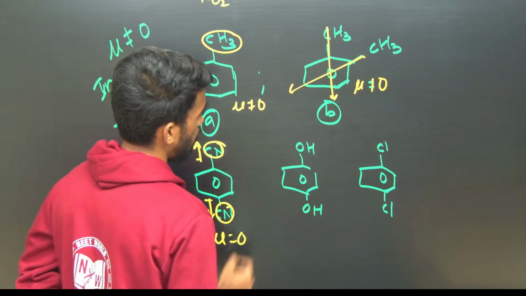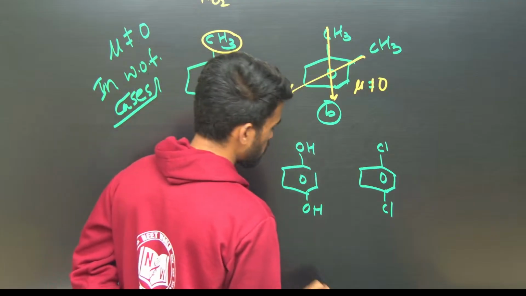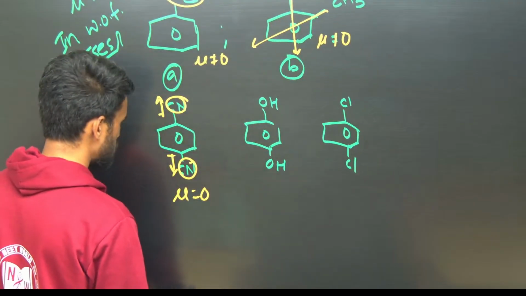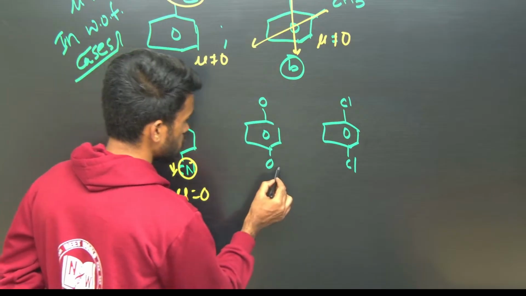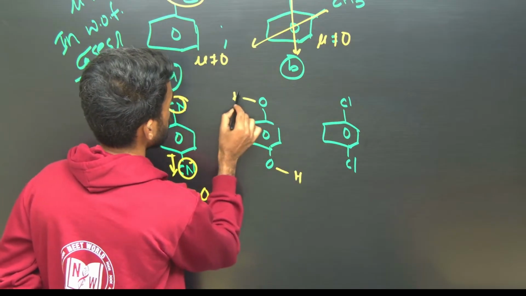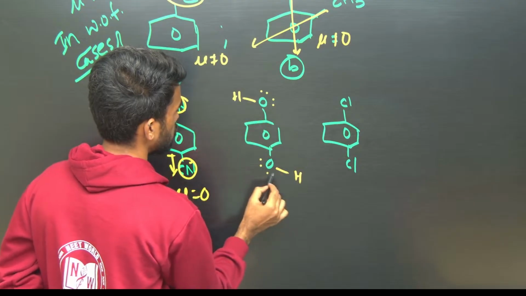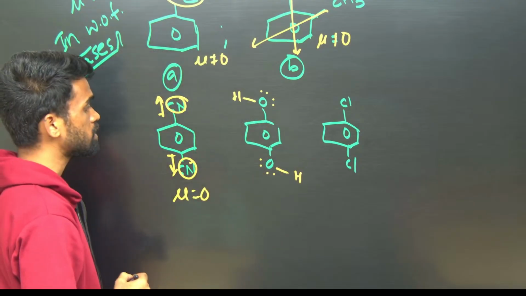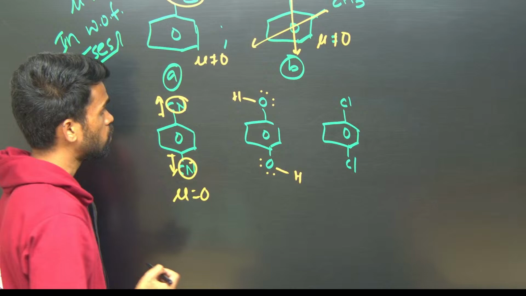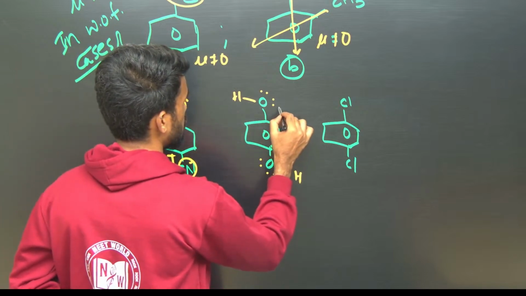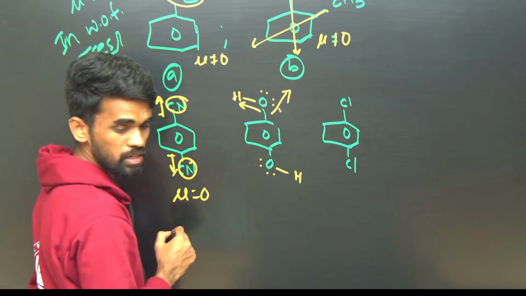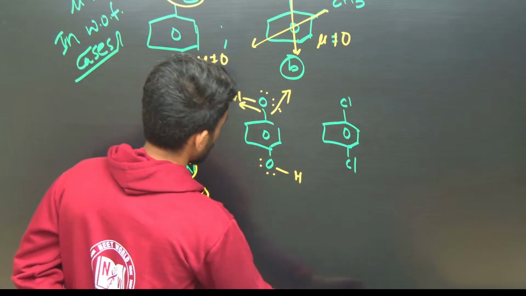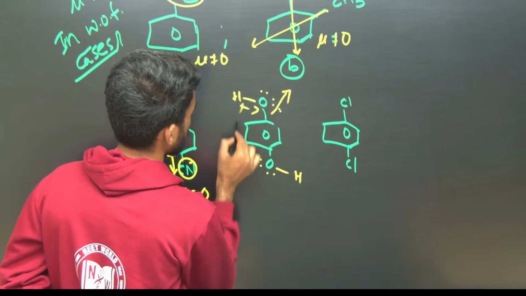And here it looks like mu equals 0, but if you look at the structure, it gives you the proper orientation. See, hydrogens are like this and it is having lone pair electrons here like this. So that makes it non-planar. So it means this direction is this side and this direction is something different, different directions are there.